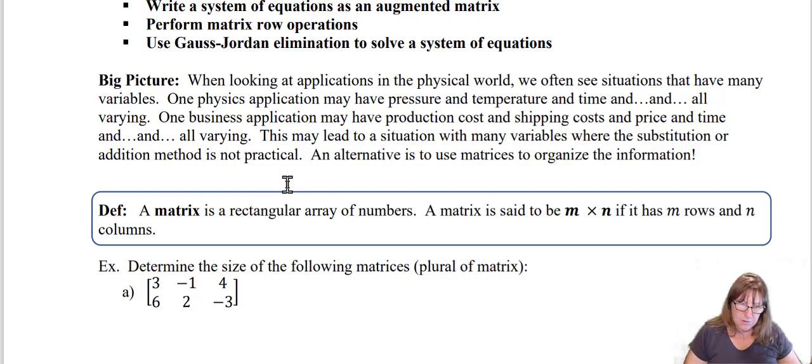Things are changing. Lots of things are varying at the same time in any given scenario. So we really need to be able to solve systems of equations with multiple variables. That's the true application of using matrices to solve systems of equations, is when those variables get extensive, addition and the substitution methods are just not really very good options.